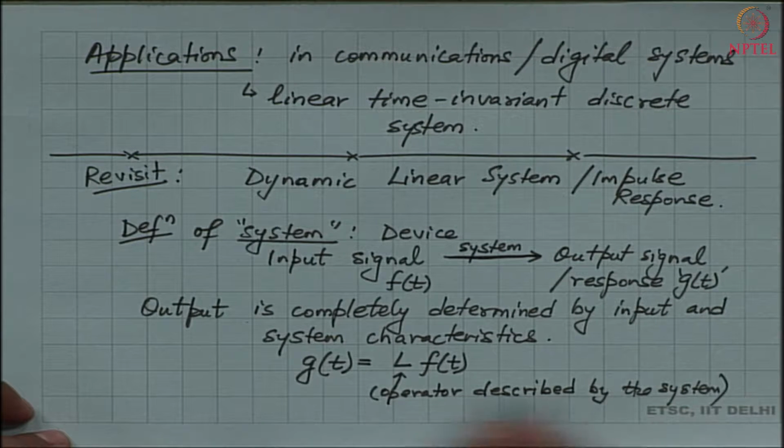So, I can write down my output signal as a relation in terms of the input signal, more often than not like an ODE or a PDE, where L is the operator described by the specific system. For example, the system could be an LCR circuit or an LR circuit and so on.